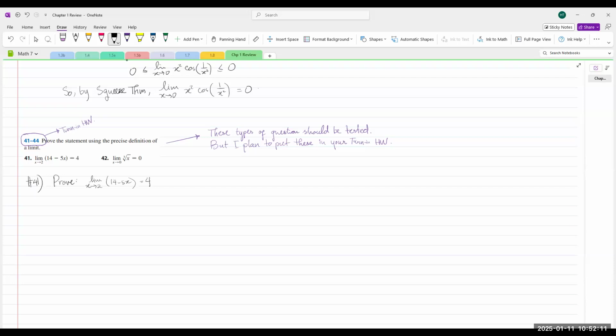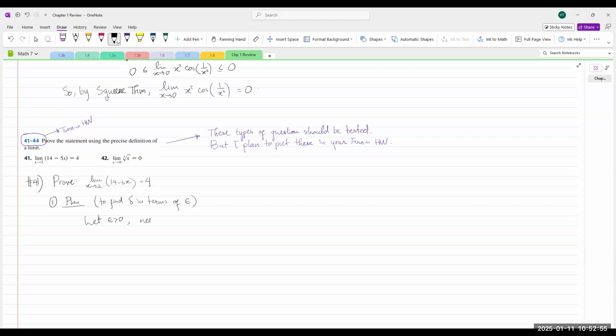Remember yesterday when we tried to prove the limit, in this case 4, using the definition of limit, we do it in two steps. The first step is we need to find delta in terms of epsilon. In the second step, we need to show the delta we chose works. So let epsilon be any positive number.